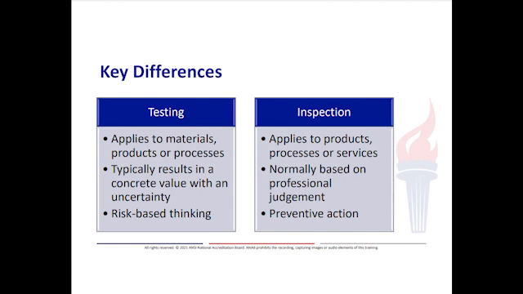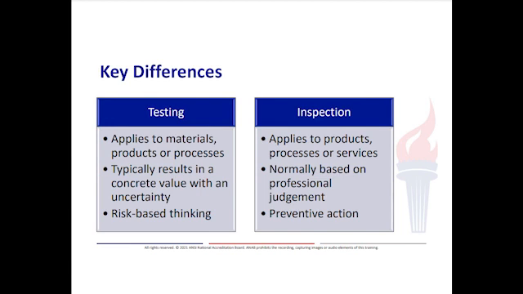This has so many liters of potassium, or it has this percentage of this item in it. And you're going to get an uncertainty associated with that. Now, also in testing, when we talk about risk-based thinking, you're talking about the risk associated with performing a test in a certain manner.